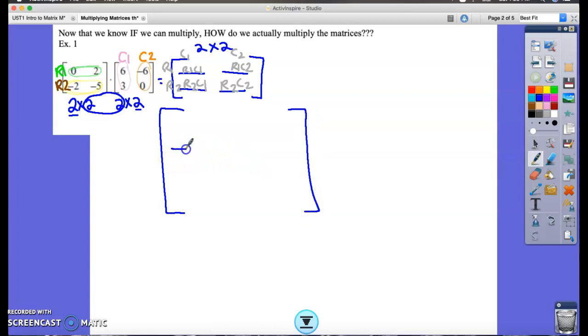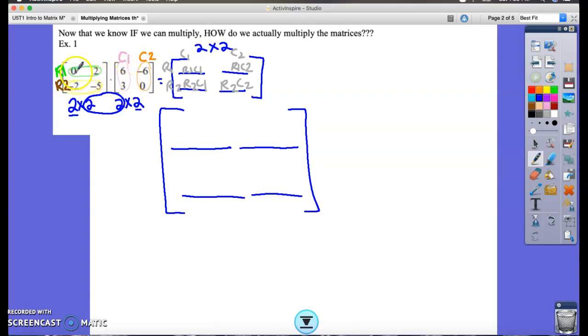Everybody still agree I have a 2 by 2 matrix because 2 and 2 are compatible? 2 and 2 are the leftover answers. So in this first position, row 1, column 1, I'm going to take this green one and this pink one, and I'm going to match them up.